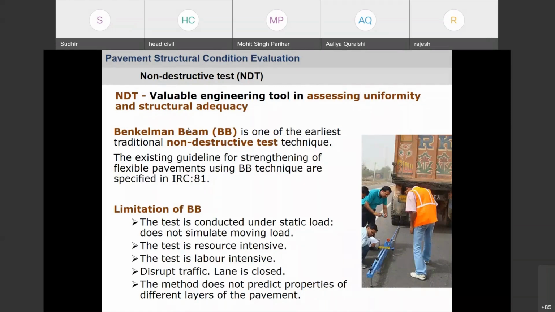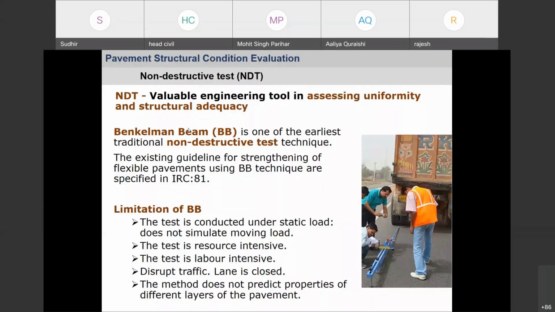There is lot of data available, but then there is lot of limitations in conducting Benkelman beam test, and there's lot of limitations in the information that can be extracted from it. I don't want to get into Benkelman beam test, but I would like to discuss its limitations so that we can move forward.